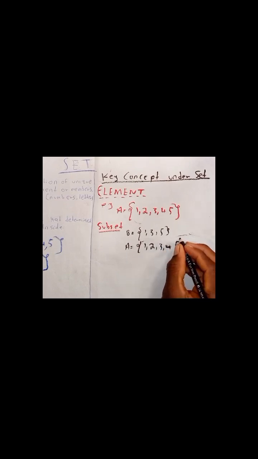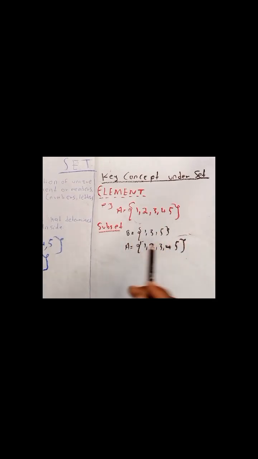From this example, we can see that B is a subset of A. What is the reason that B is a subset of A? Because the elements inside B can be found inside A. The elements in B can also be seen in set A.